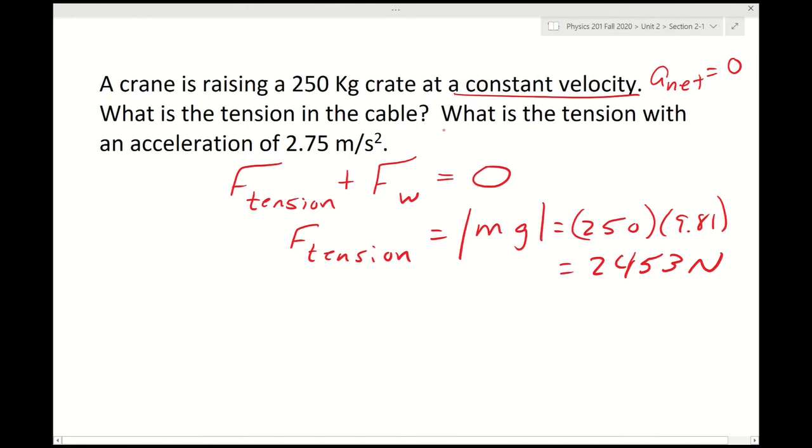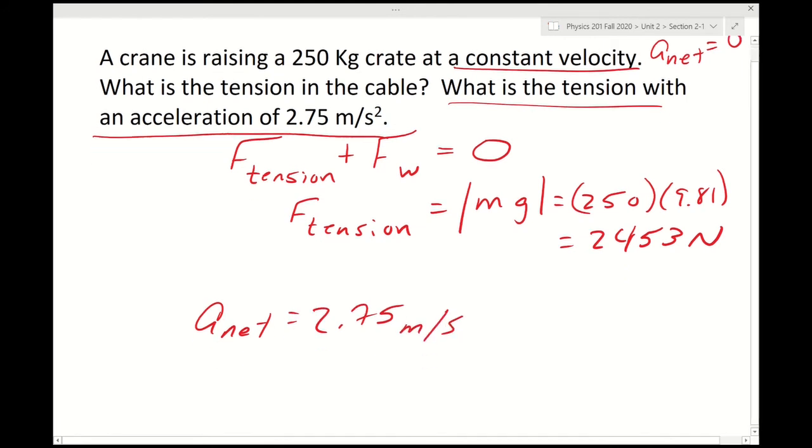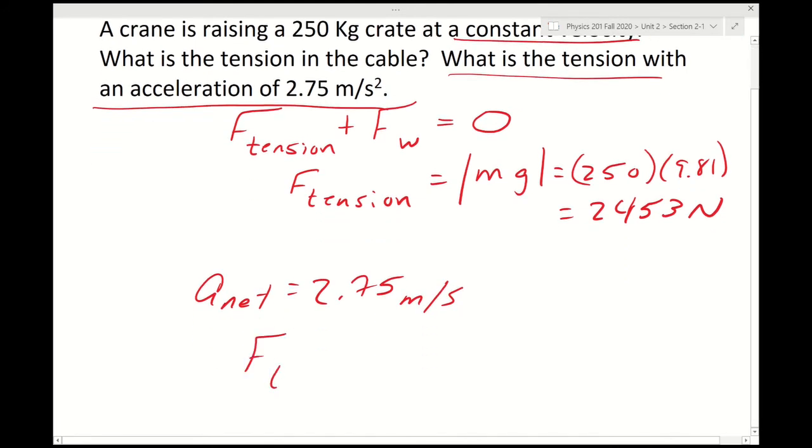If the net acceleration is 2.75 meters per second squared, then we can say that F tension plus F weight is equal to your total force, which is equal to mass times the net acceleration.